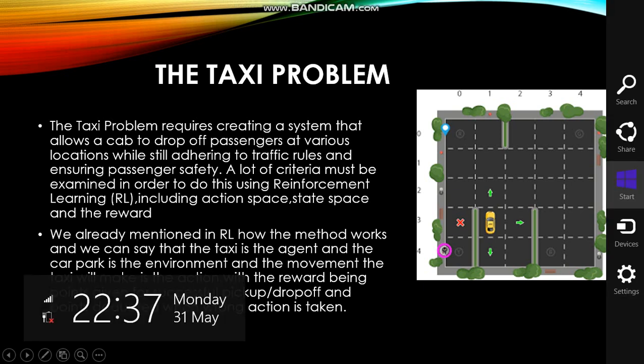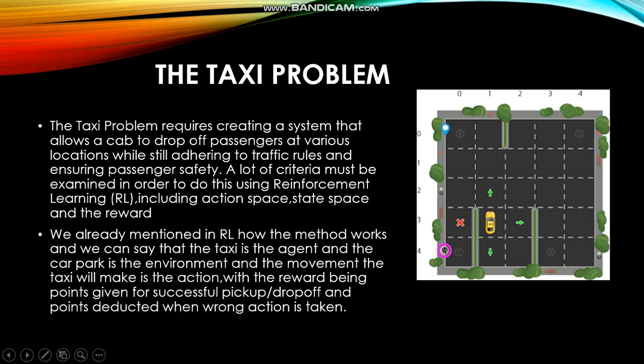So from point yellow to point R, red, we have to pick the passenger and drop them off. The explanation of how the Q algorithm works and the code is explained more in the report.